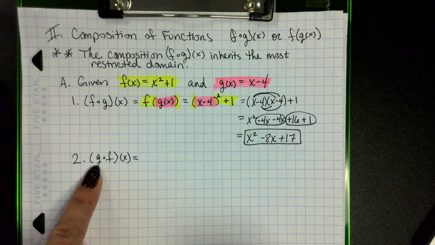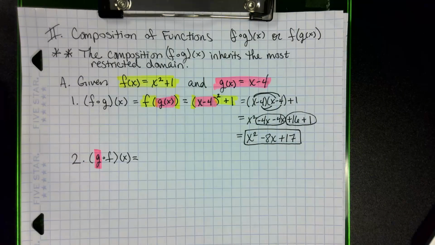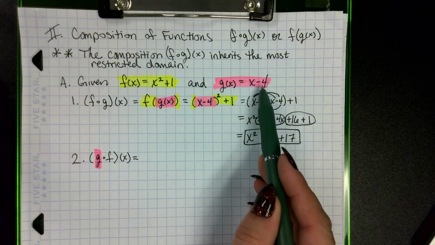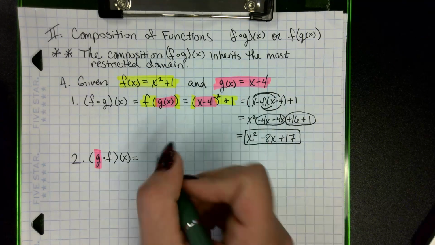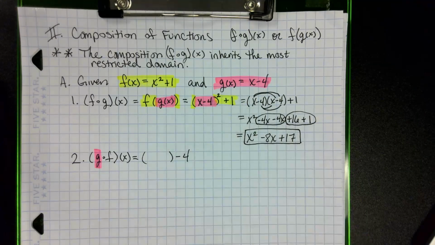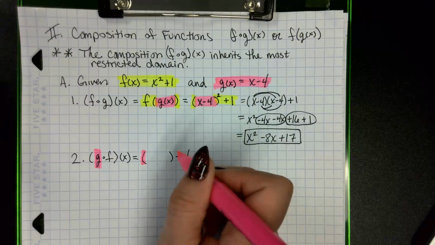It starts with g. g is the first letter. So that tells me I'm going to go to the g function first. My g function is x minus 4. Everywhere there's an x, I'm going to leave a blank. So this is going to be a blank minus 4. That is my g function, but I'm not writing an x.